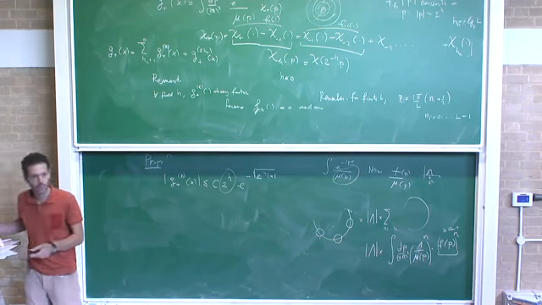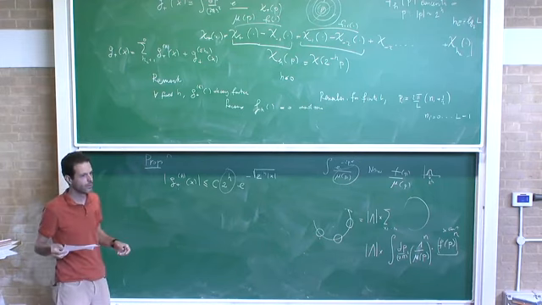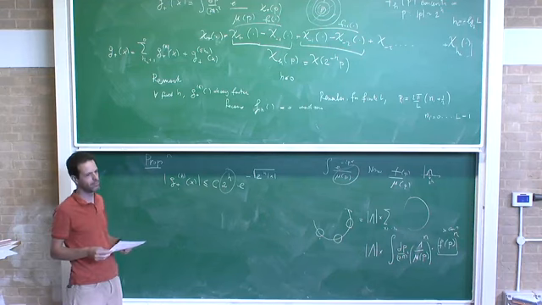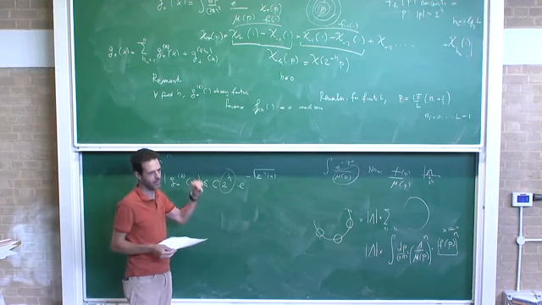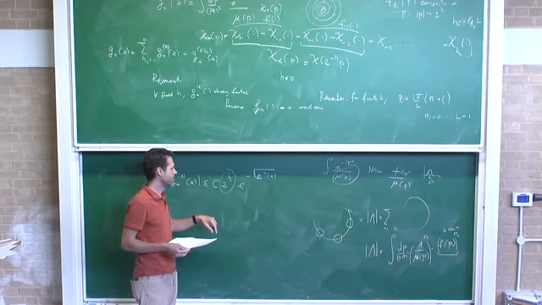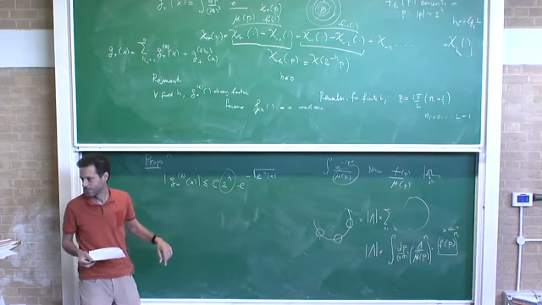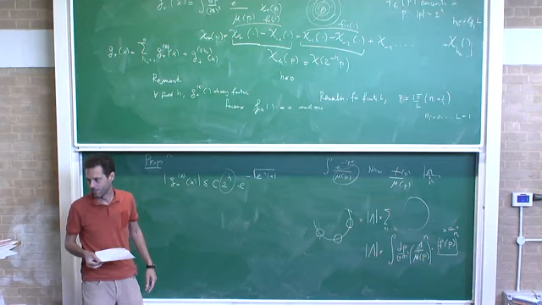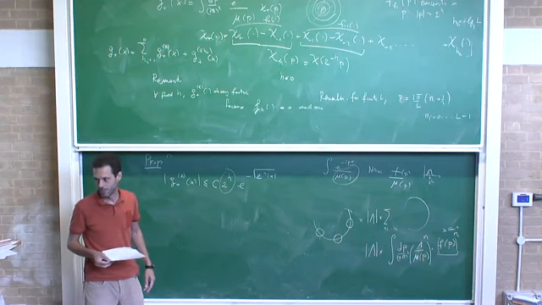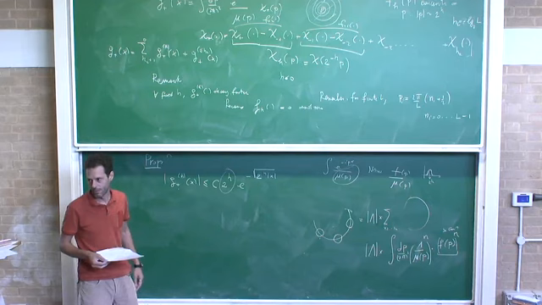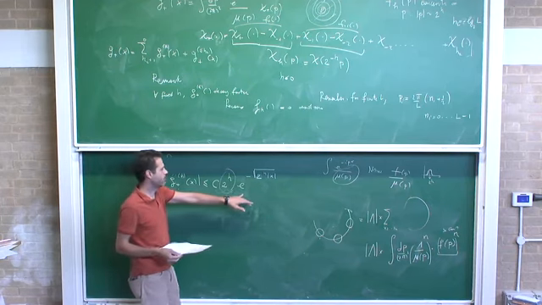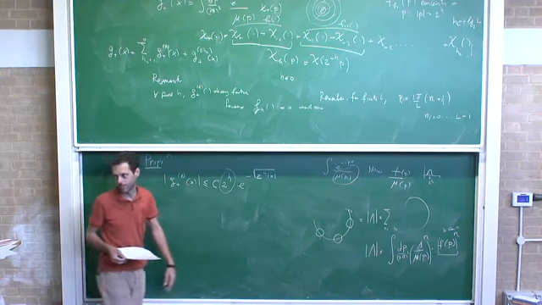No, but the square root has no meaning. You can have any power less than 1. You cannot have 1, because you're insisting on a compactly supported cutoff function. You could even have an exponential.